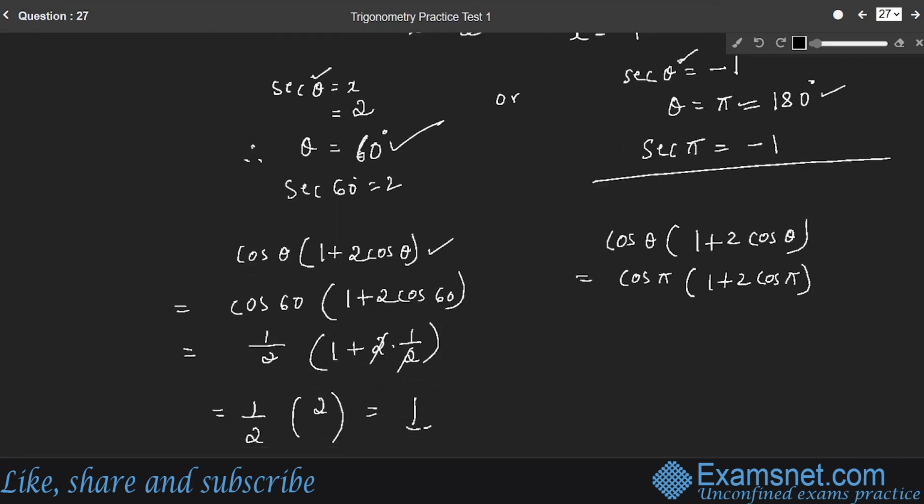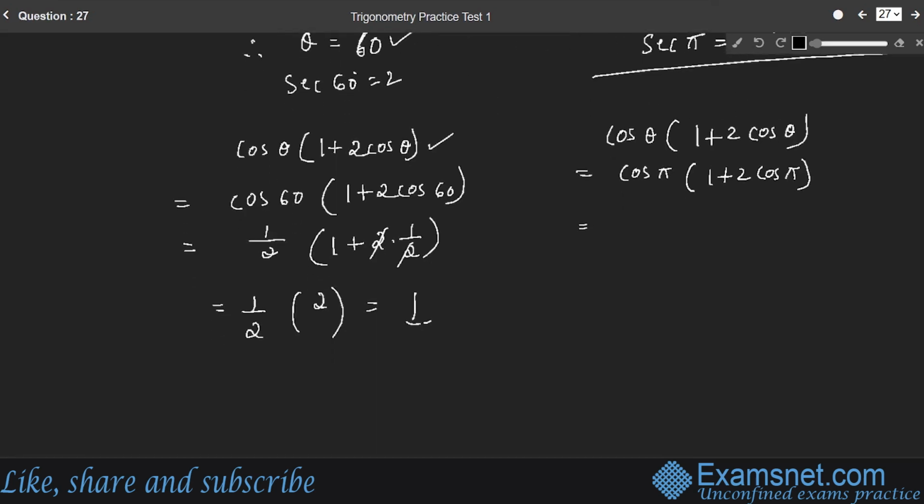What's the value of cos pi? Since secant pi is minus 1, and cos is the inverse of secant, cos pi is also minus 1. So minus 1 into 1 plus 2 cos pi, which is minus 2. Minus 1 into 1 minus 2 is 1.